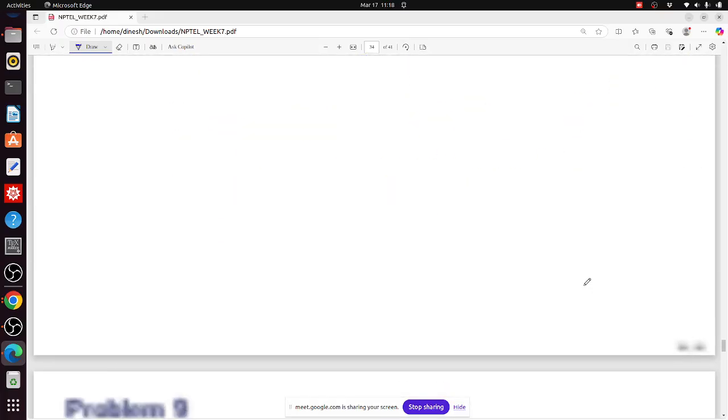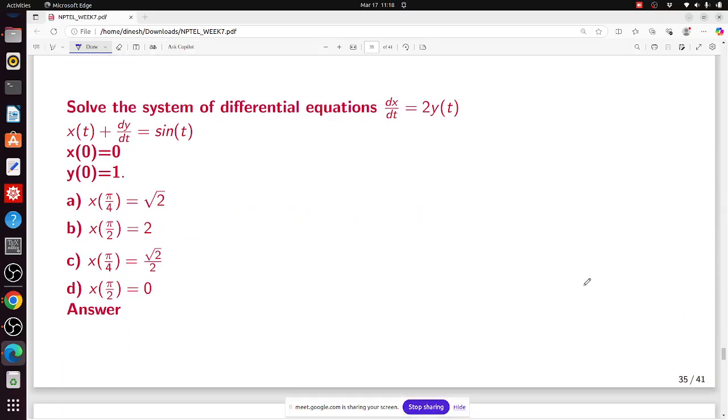Coming to the next problem, solve the system of differential equations dx by dt is equal to 2y and dy by dt equal to x(t) plus sin t, with x at 0 equal to 0 and y at 0 equal to 1.